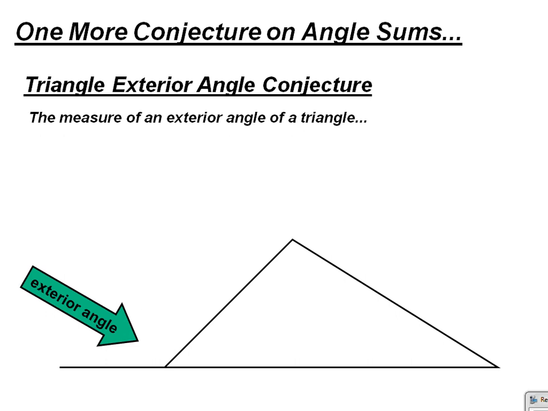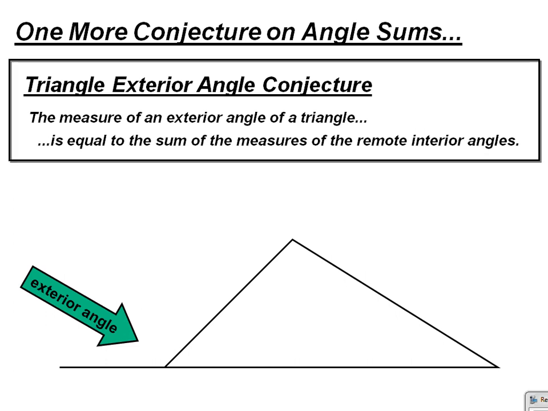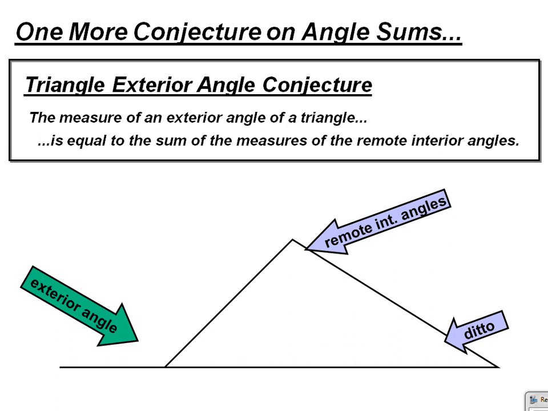The measure of an exterior angle of a triangle, and this qualifies for any exterior angle, is equal to the sum of the measures of the remote interior angles. Since we haven't had that vocabulary word yet either, understand that the remote interior angles are the angles opposite the exterior angle inside the triangle.